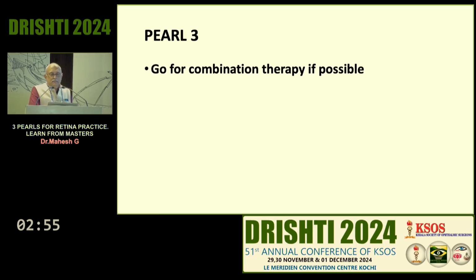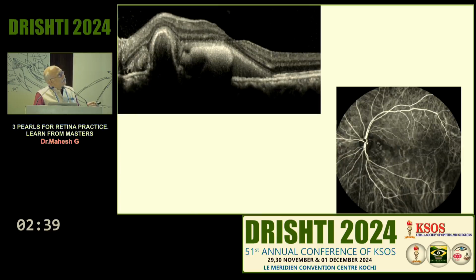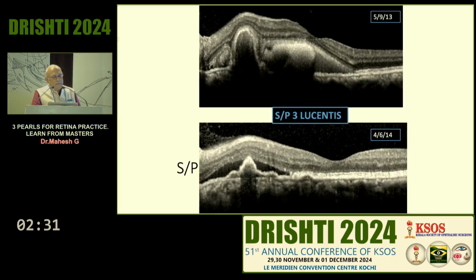Now pearl 3 is to go for combination therapy in PCV if possible, not always. Nowadays the standard of care for PCV is also anti-VEGF monotherapy, because different studies are there. But I will show one example. This is a case. You can see there is a thumb-shaped PED with a little hemorrhage and subretinal fluid, and ICG shows a bunch of polyps here.